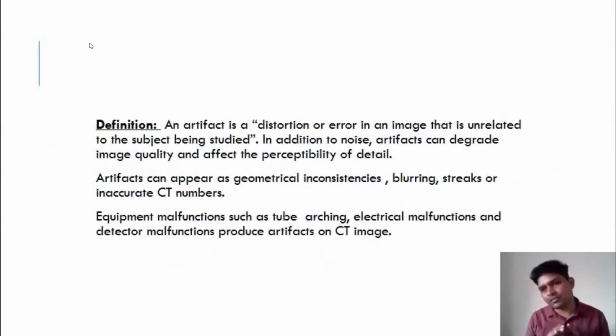So what is the definition of an artifact? An artifact is a distortion or error in the image that is unrelated to the subject being studied. It means something which is not required is present in the image, obstructing it, and is unrelated to the diagnosis at all.